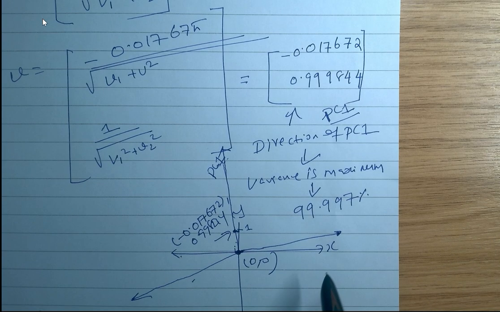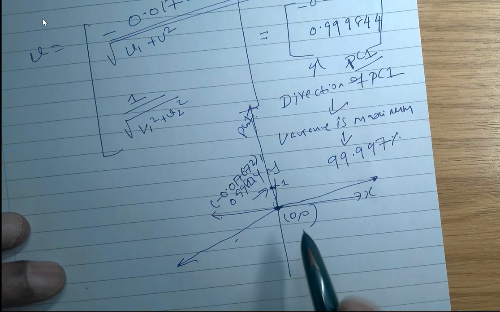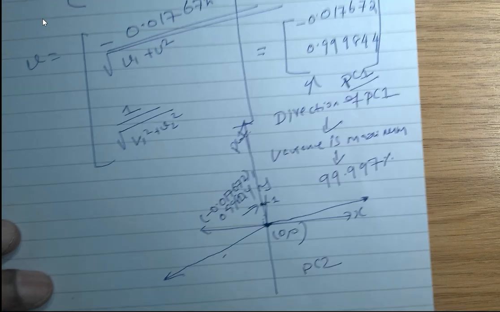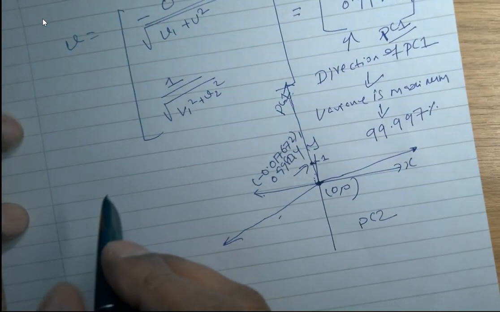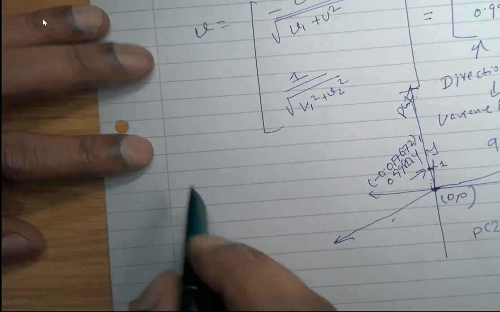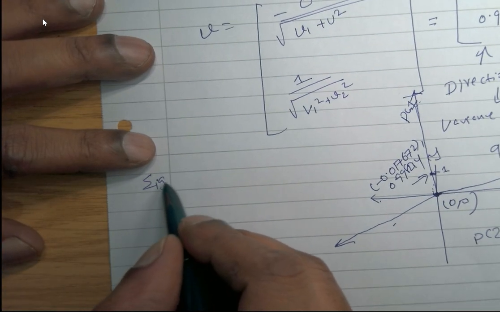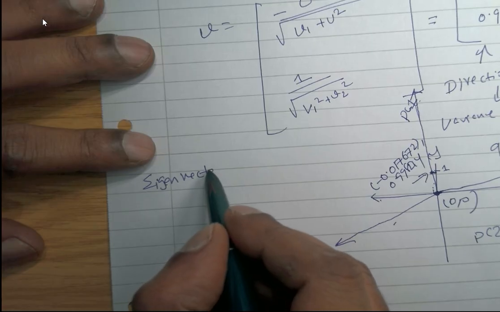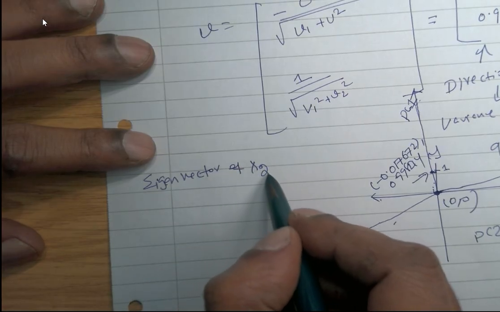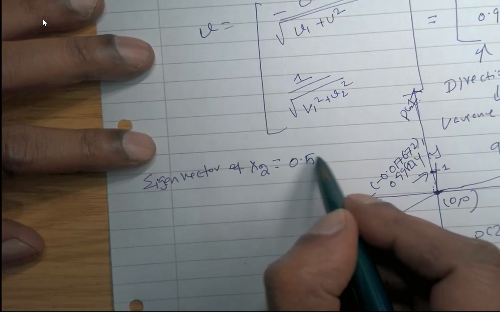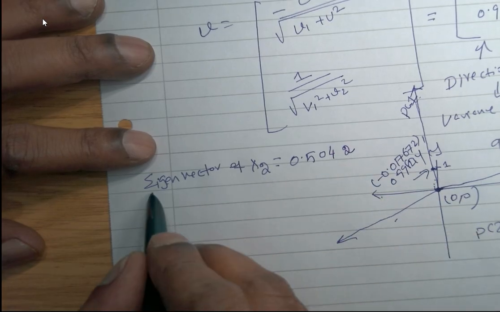We can calculate the coordinate that corresponds to PC2. To calculate that, you have to calculate the eigenvector of lambda 2, which is equal to 0.5042.